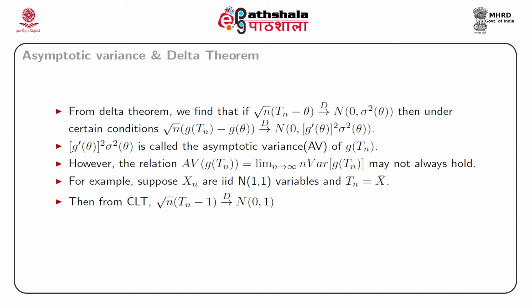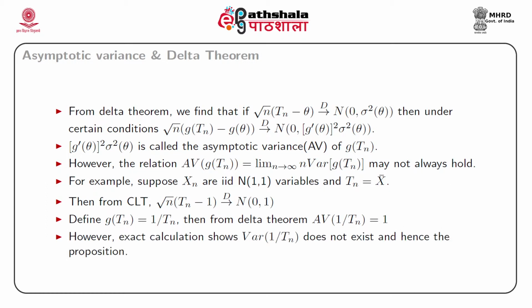If we define g(Tn) equal to 1 by Tn, then from the delta theorem the asymptotic variance of 1 by Tn is nothing but 1. However, exact calculation shows that the variance of 1 by Tn, that is the variance of an inverse Gaussian distribution, does not exist. So finally, the relation that asymptotic variance of g(Tn) equals limit n tends to infinity of n times variance of g(Tn) may not always hold.